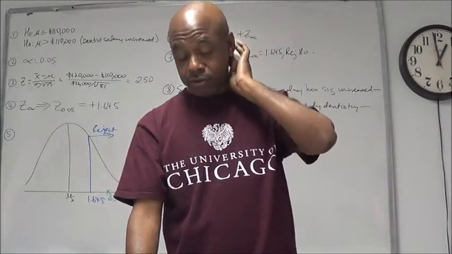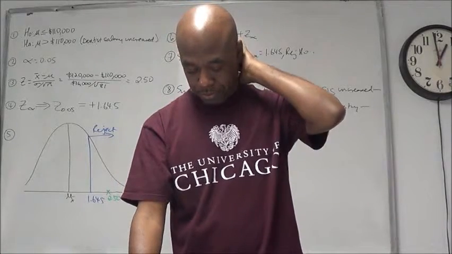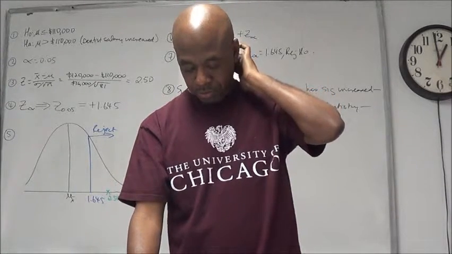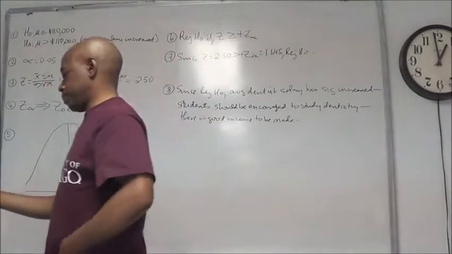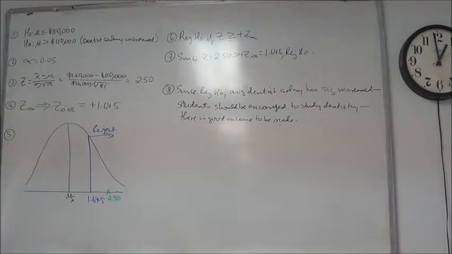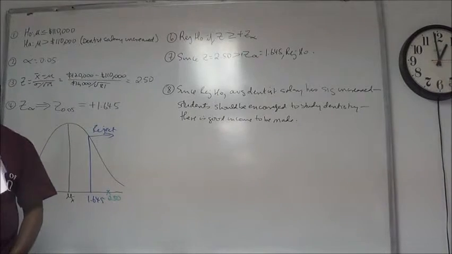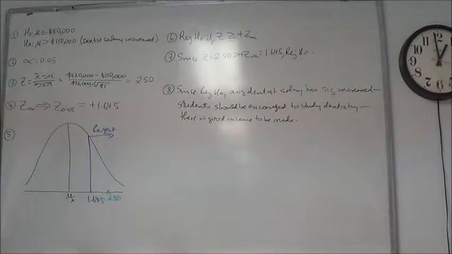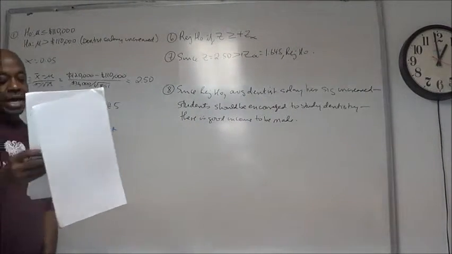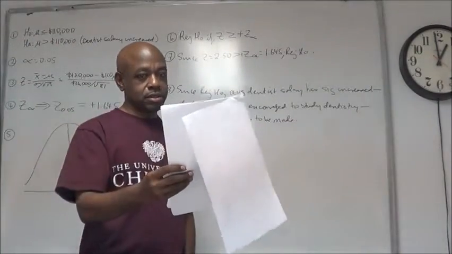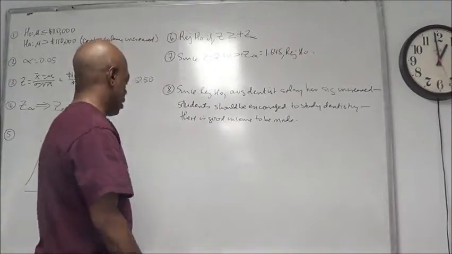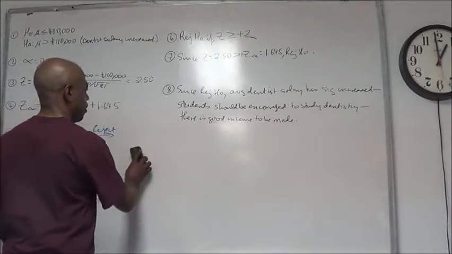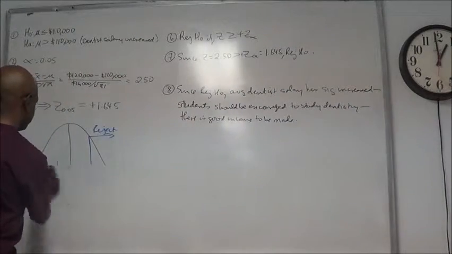At the 5% level of significance, test to determine if the new automobiles actually do average more than 42 miles per gallon.